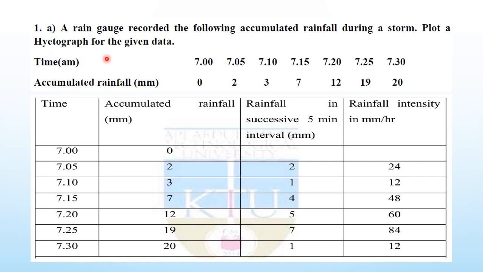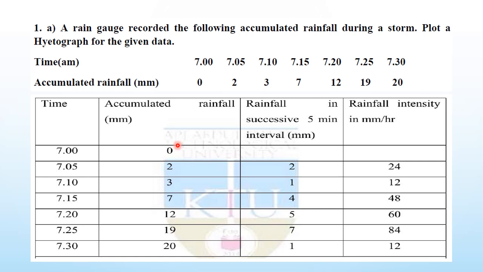For the hydrograph you need rainfall intensity, that is mm per hour. So you draw a first column for time, a second column for accumulated rainfall, and the third column is to find out the rainfall that happened in every 5 minutes. We know the accumulated rainfall. To get the rainfall in mm, you subtract the previous reading from the present reading.